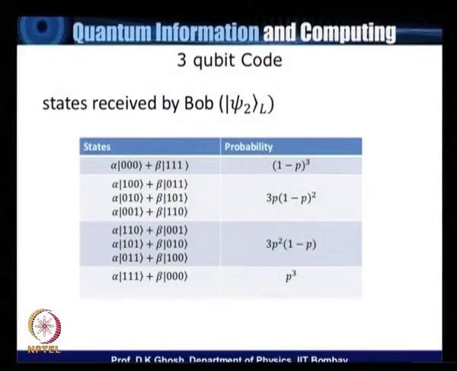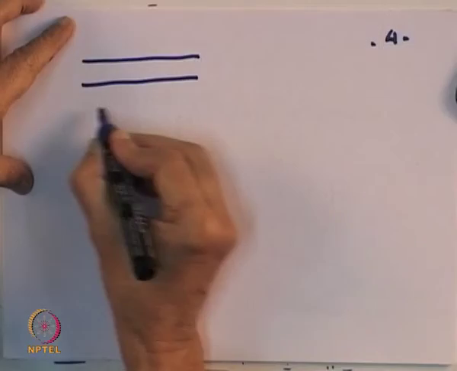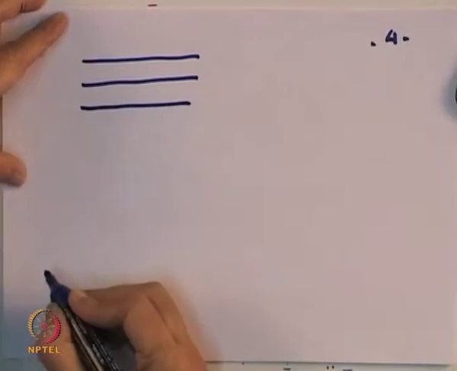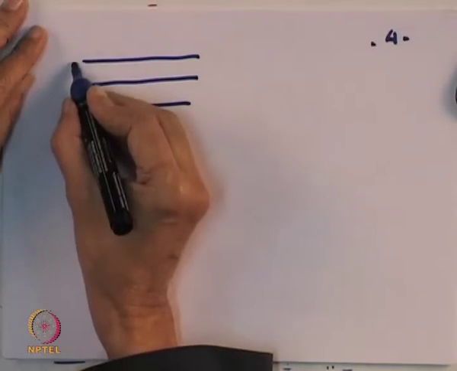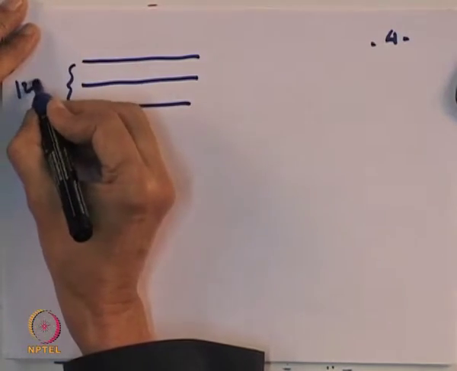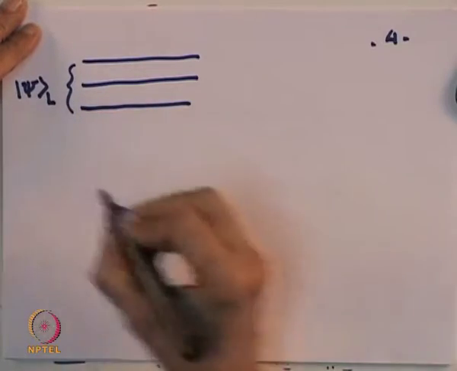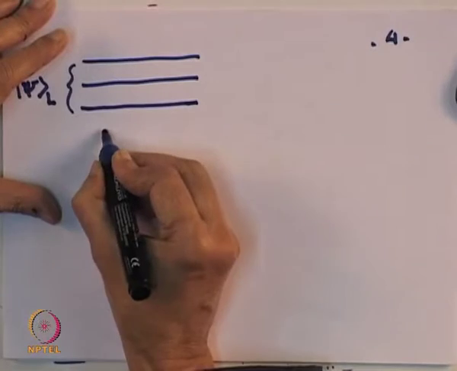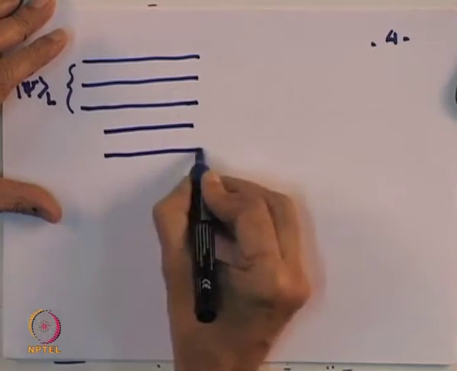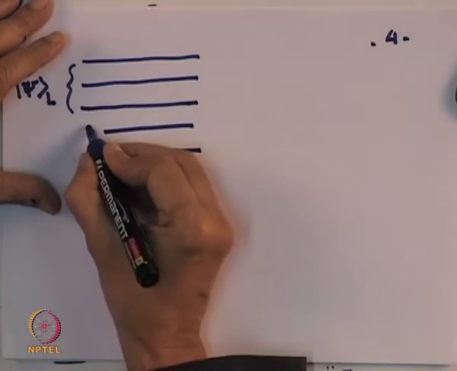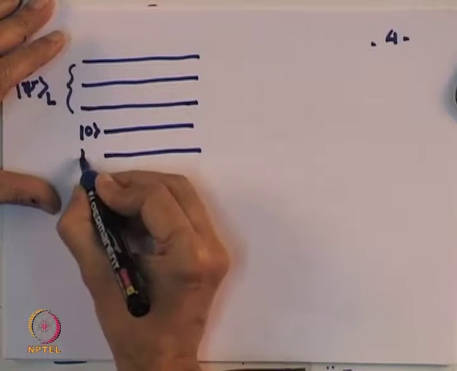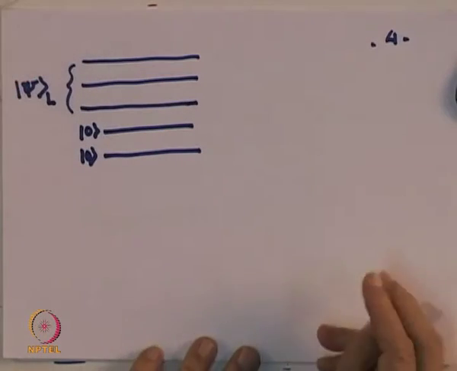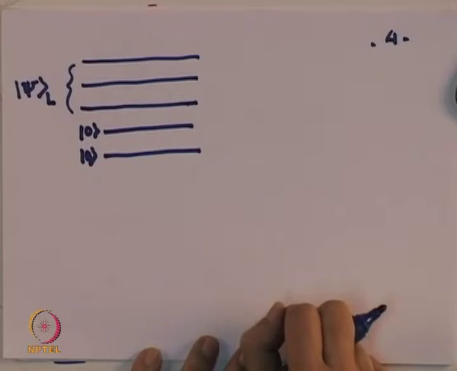Bob at his end adds, let me first draw lines corresponding to the bits received. So, we have been calling this psi logical. Bob adds 2 ancilla qubits which are initially set to 0, and Bob executes the following operations.